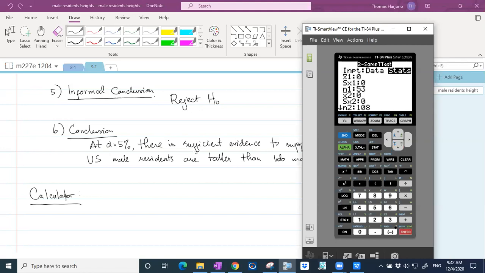Okay, the data will be the stats for this. X1 bar is, what did I use? 60 or 70. Sample standard deviation 2.5. And then sample size 210.